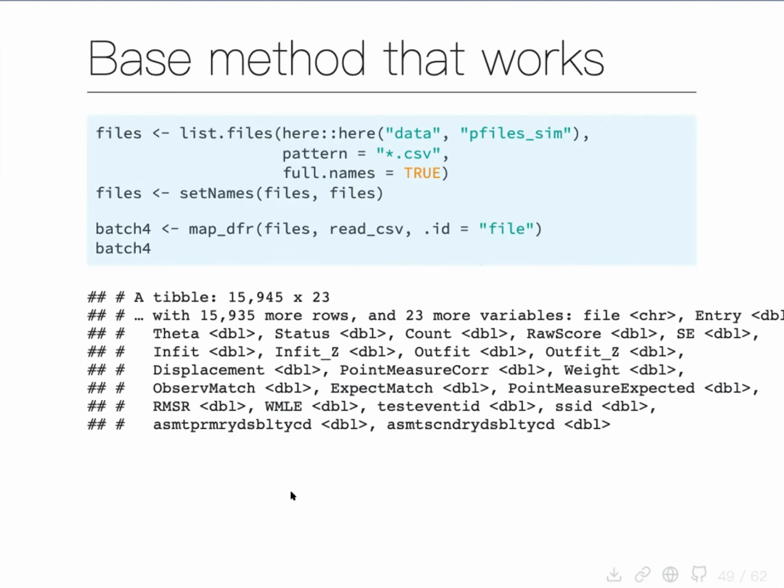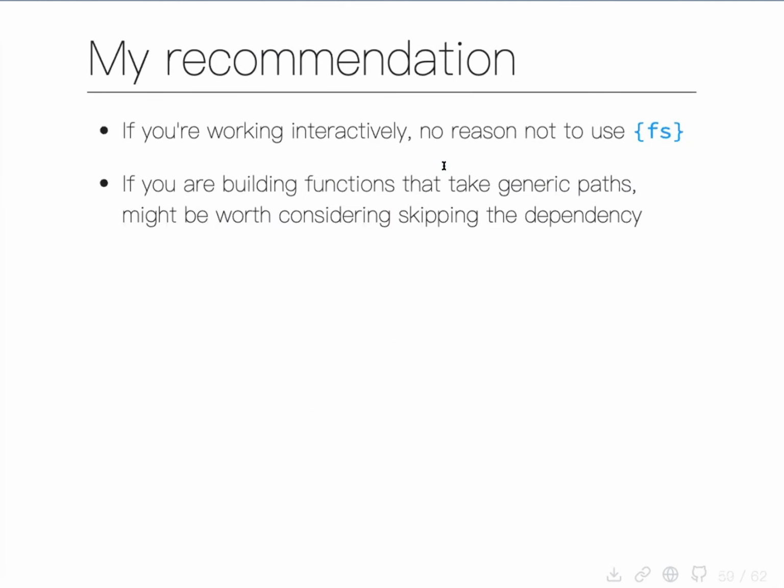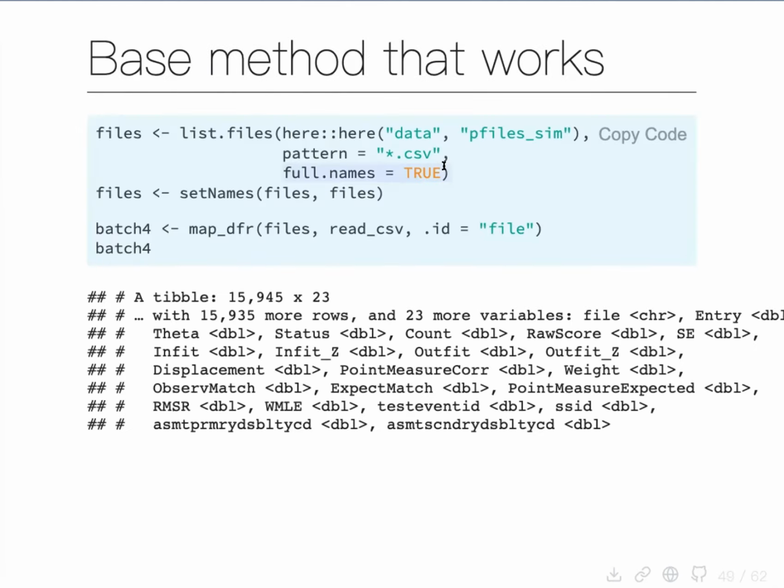One thing you could do here that might be a little bit nicer is say list.files here, but then set the names to list.files with full.names to false, right? That would return just the file names rather than that whole full path. So you could avoid the here part. But this gets you exactly what we got before, and it's just a bit of extra code.